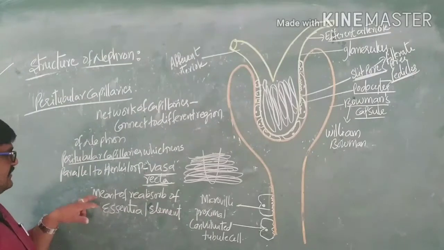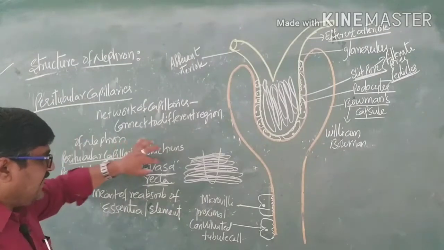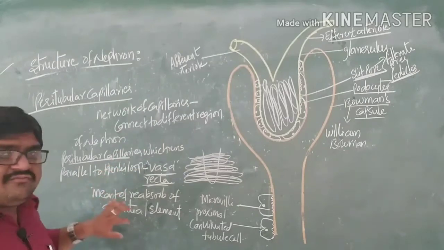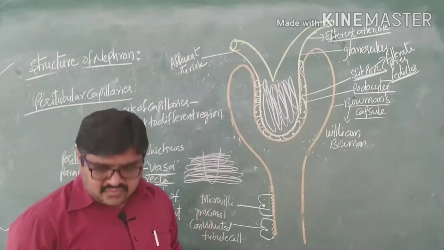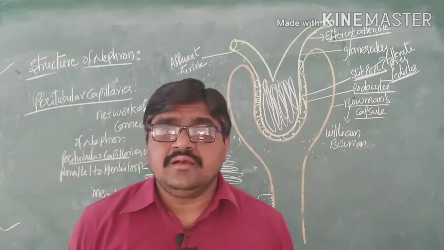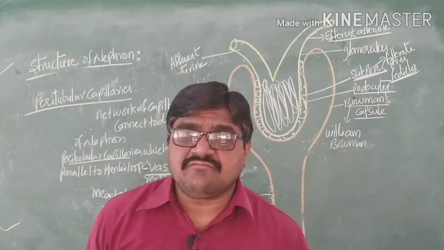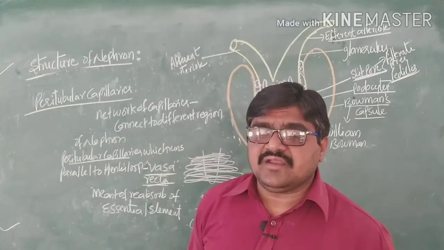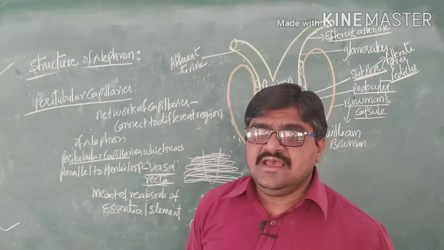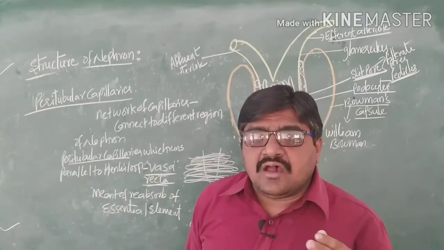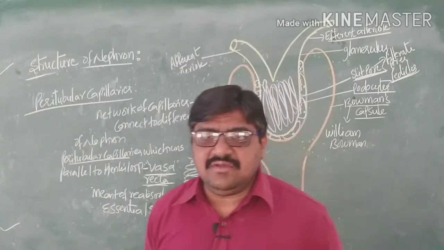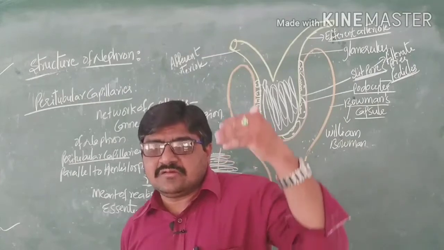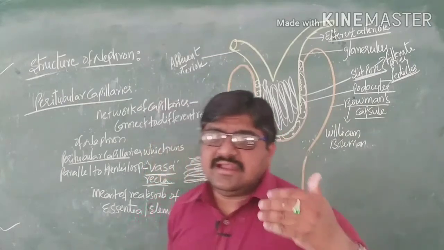That means peritubular capillaries as well as vas recta are mainly meant for the reabsorption of the essential elements present in the nephron. Again, the non-essential elements from the vas recta and peritubular capillaries are secreted into the distal convoluted tubule.